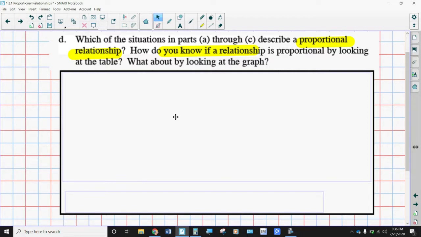What are the key things that you're looking at to determine whether or not a situation is proportional in nature? Take some time, write a 2 to 3 sentence paragraph, making sure that you cover all of this information. Pause, take your time, but get this right.